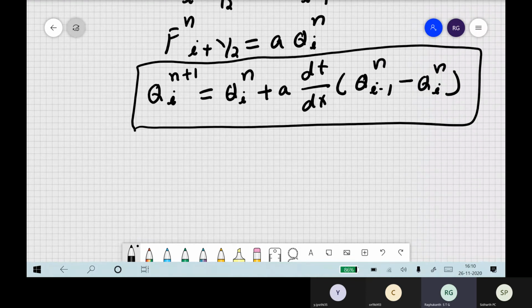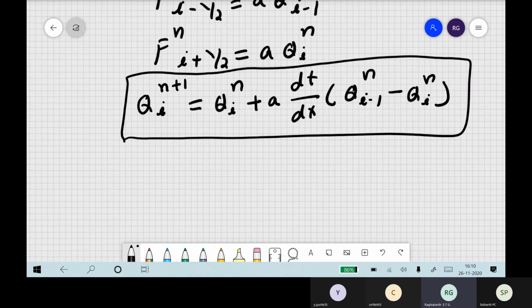Now here you can see, this looks familiar, right? What is this expression? What does it mean to you? What is this term? It looks similar to what?